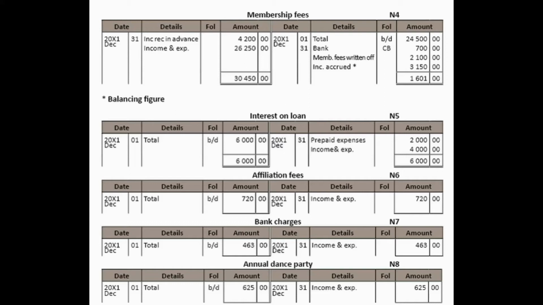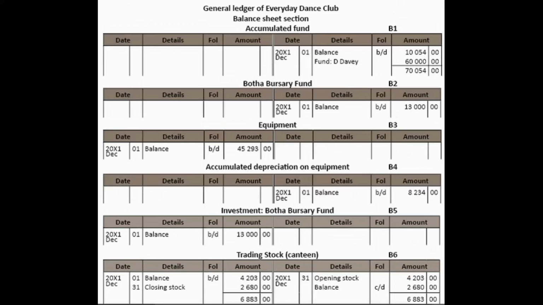So it's either the money that was received in the bank, they won't give you that amount, or they won't give you the amount that we must transfer to the income and expenditure account, or they won't give you the income received in advance, then you must calculate that, or they won't give you the income accrued amount, in other words, the membership fees that was outstanding at the end of the year. And if they don't give you an amount, it's easy. That is just the balancing figure in that account, and you can easily calculate that.